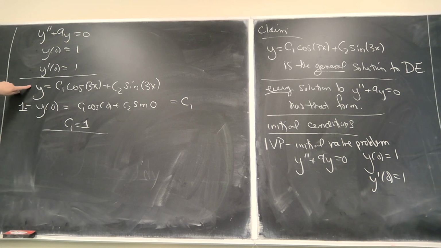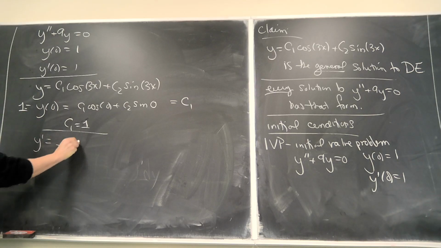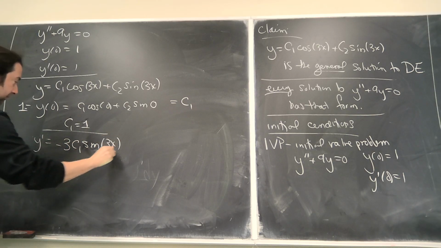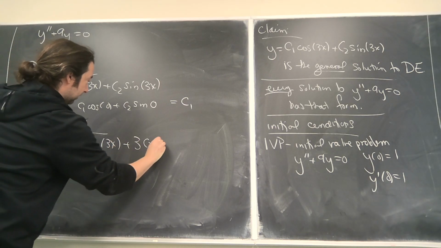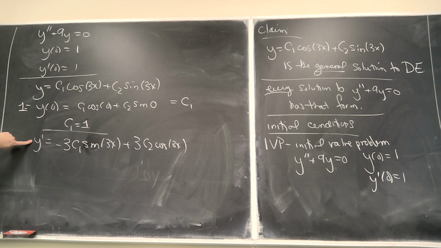If I took a derivative of this solution to the differential equation, y prime is minus 3c1 sine of 3x plus 3c2 times the cosine of 3x. And then the reason to take the derivative is because these are differential equations. I gave you information about the derivative.